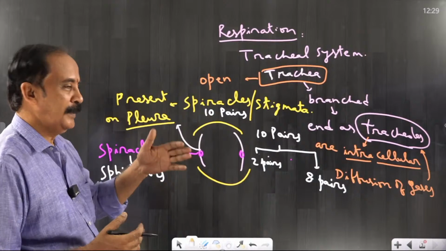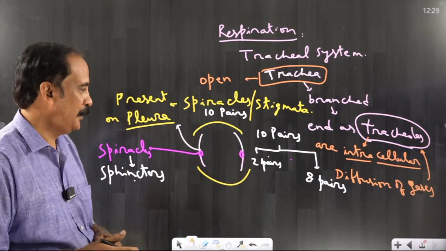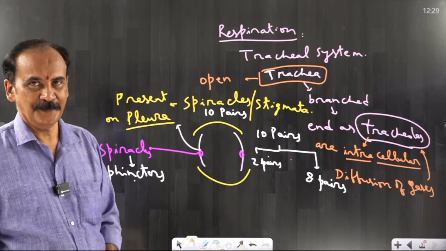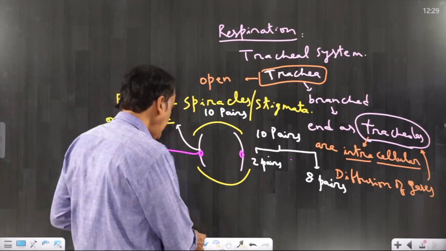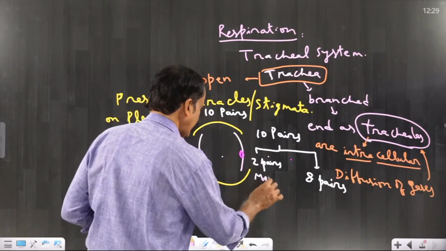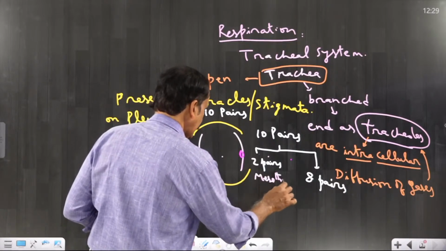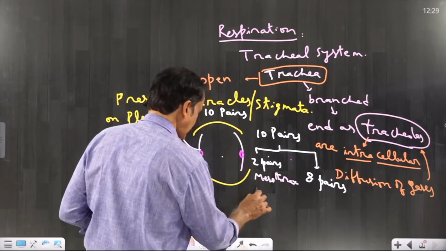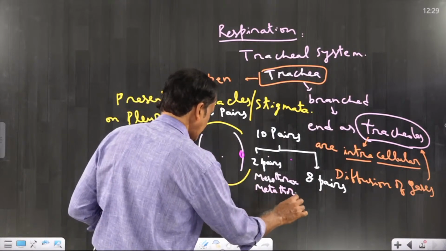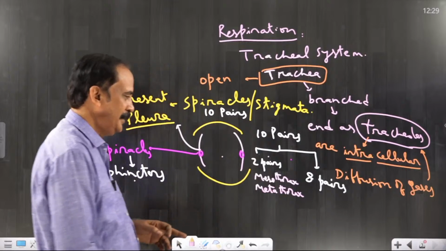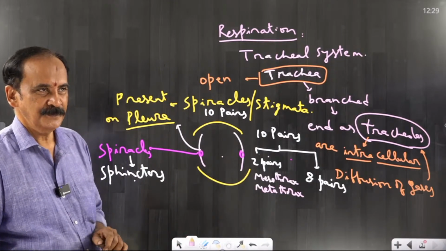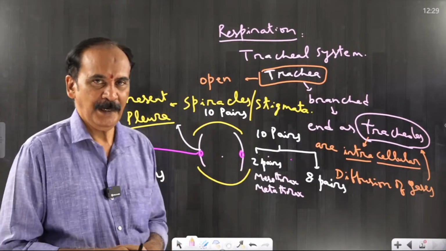In the early class where we discussed morphology, I told you spiracles are absent in prothorax. So prothorax is without spiracle.